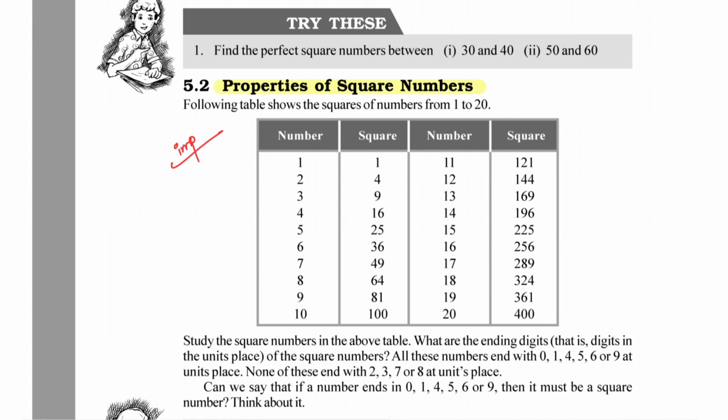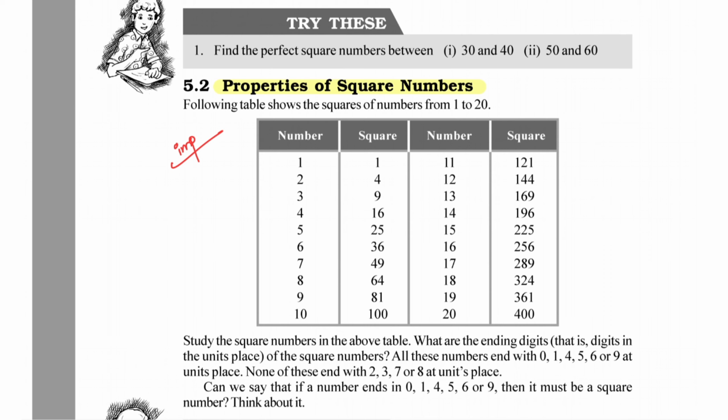Now let us check what conclusions can be made with respect to these square numbers. So we shall be noting down the important points with respect to properties of square numbers. Whatever points I am explaining, you can identify from this table.